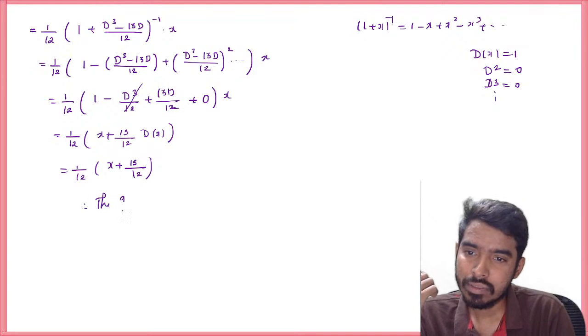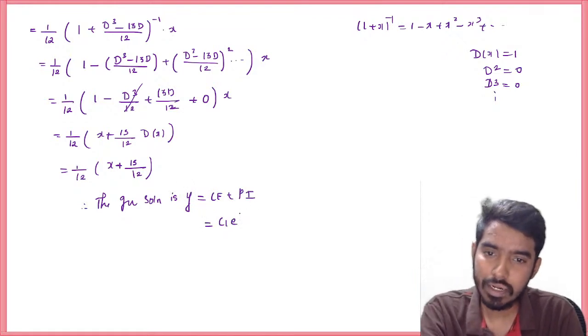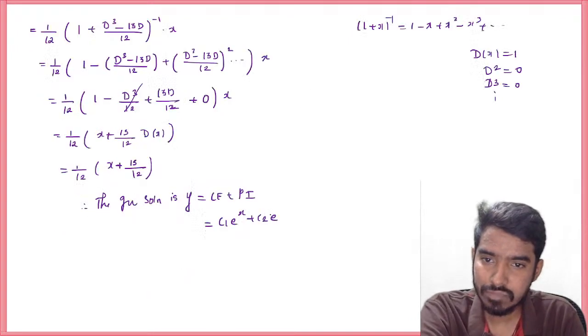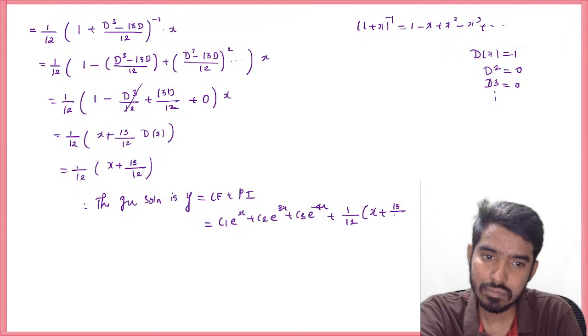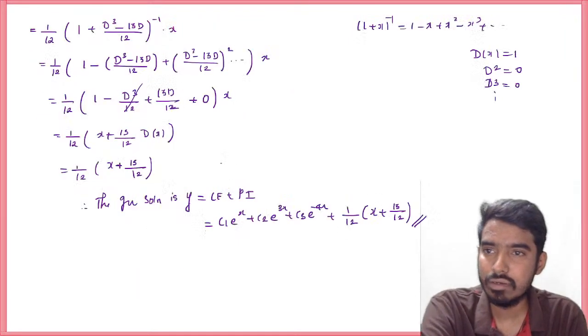So therefore the general solution is y equal to CF plus PI, which is c1 e power x plus c2 e power 3x plus c3 e power minus 4x plus the partial integral, 1 by 12 x plus 13 by 12. This is your general solution, right?